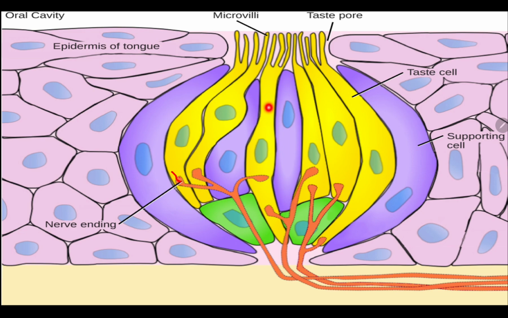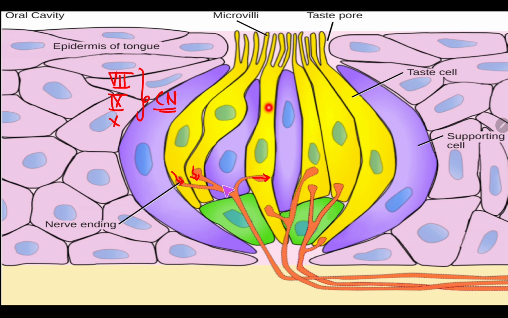And then at the end of these receptor cells, they are interacting with the 7th, 9th and 10th cranial nerve, and it is going to depolarize their neuron actually.